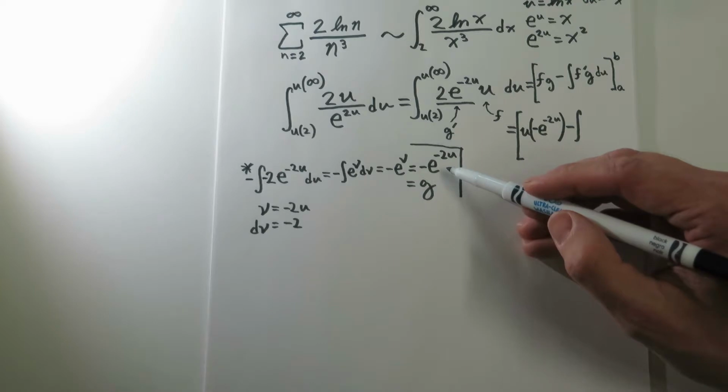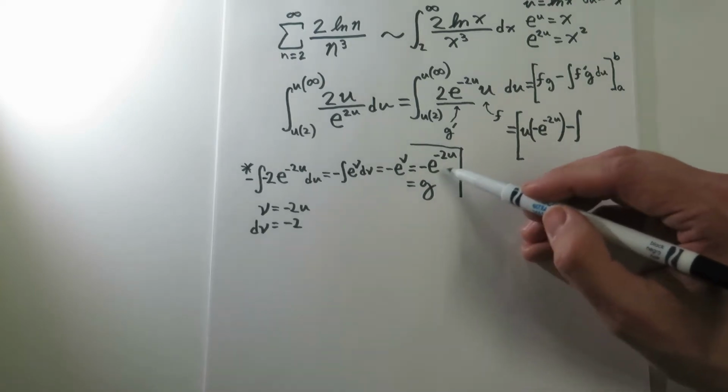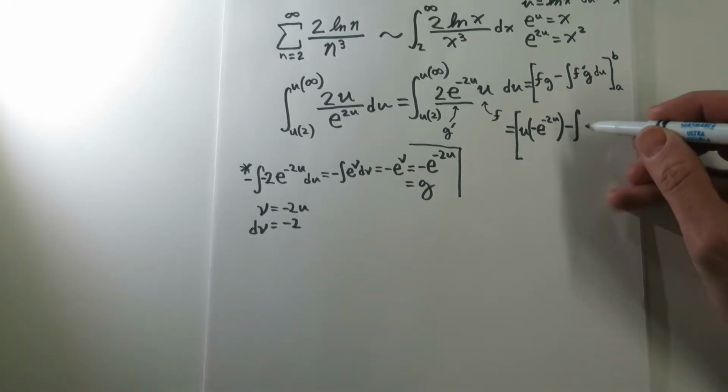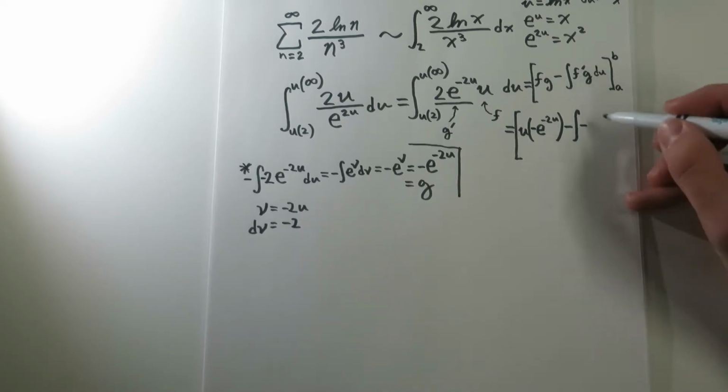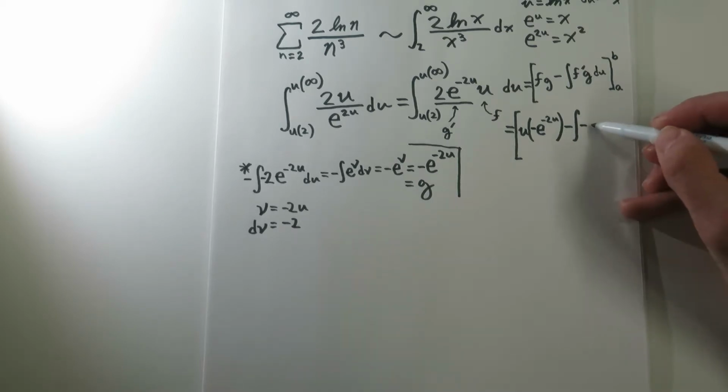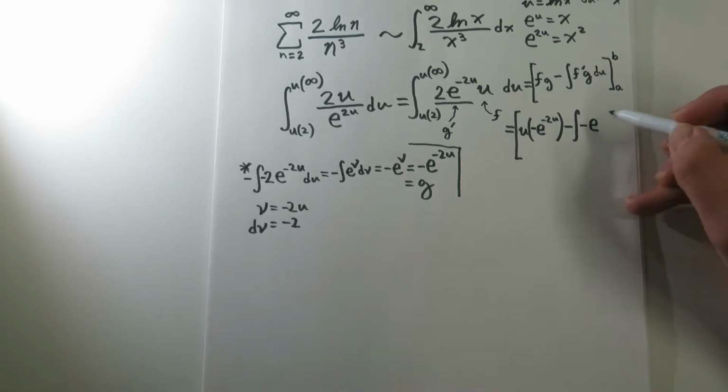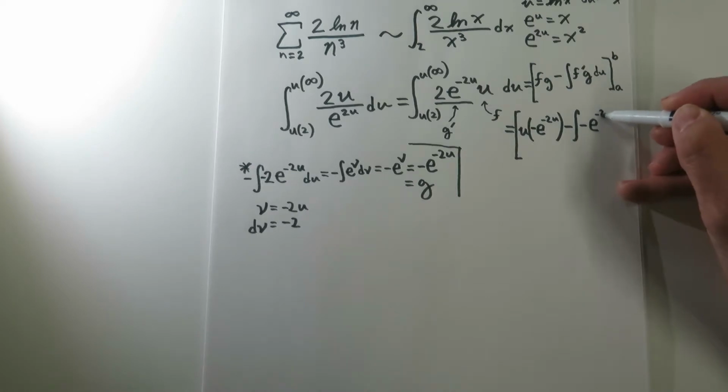So that's just going to be this. We've shown that this equals g here. So that's a minus. The minus and the minus are going to cancel out, but we'll just leave it like this for now, just so you can see how the mechanics work of everything.